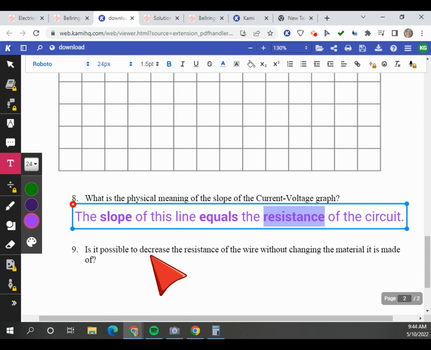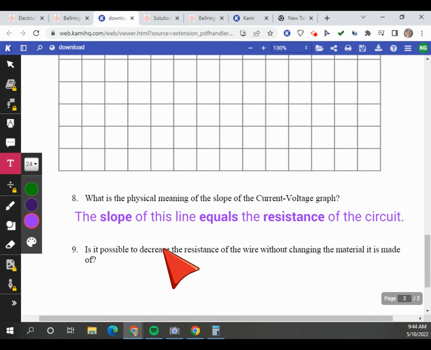Slope equals resistance. Is it possible to decrease the resistance of the wire without changing the material it is made of? What do you think for that? I want you to go to Google and search that, research it, find out what you think, and answer that question with a real life sentence.